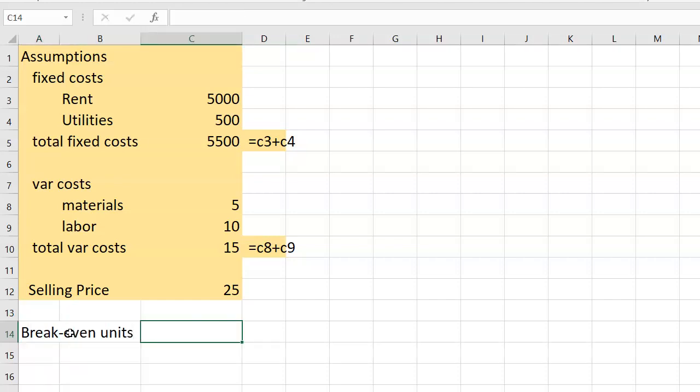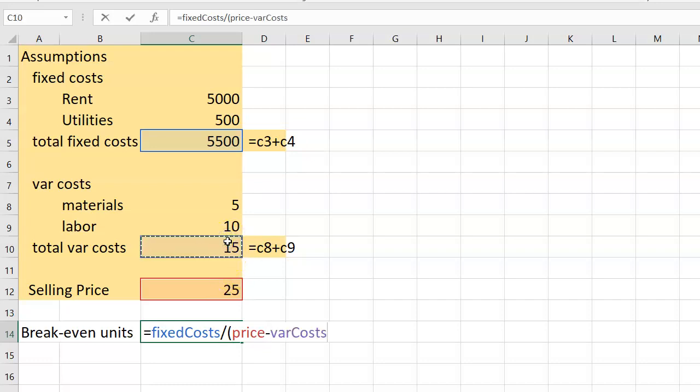Break even in units. Let's calculate that out. Well, it's equal to my fixed costs. I have to cover those, right? Divided by my selling price minus my total variable costs.